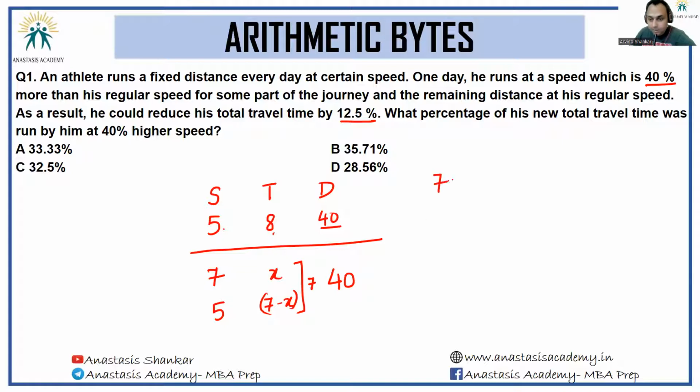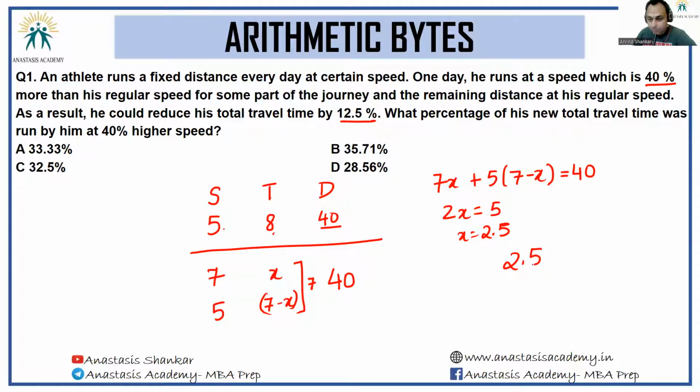So now I have got 7x plus 5 times (7 minus x), speed into time, is equal to 40. So 2x is equal to 5, or x is equal to 2.5. So he ran at the rate of 7 for 2.5 hours. What percentage of his new total travel time was run by him at 40% higher speed?